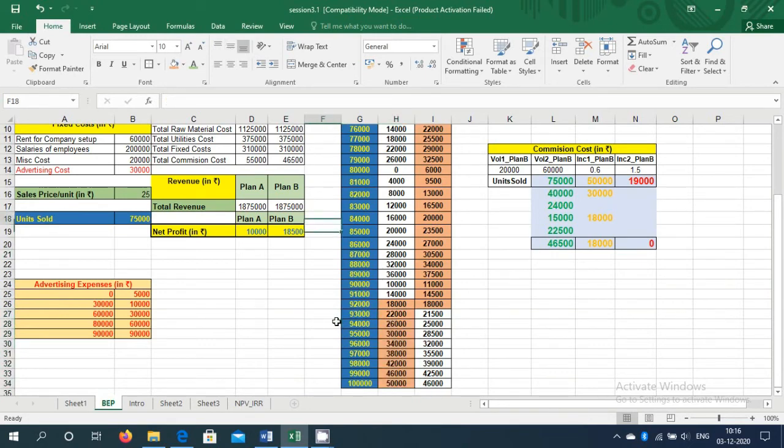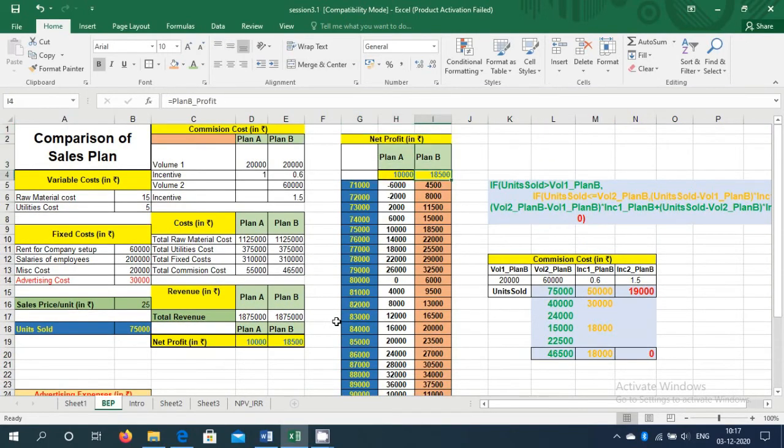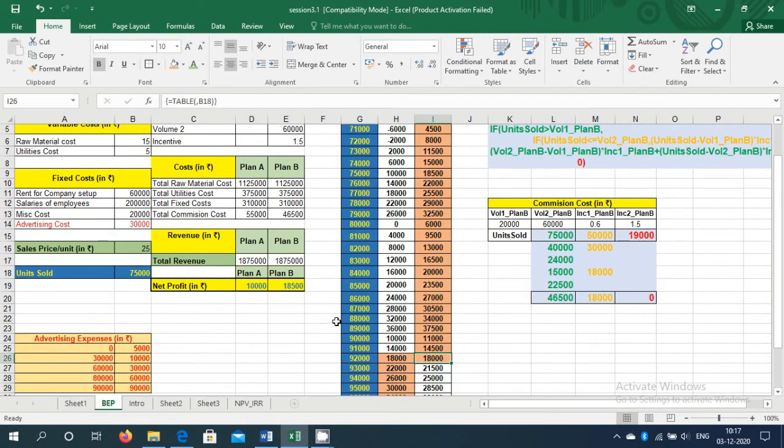So in the variable cost also, meaning that after the break even point, till that point of time plan B is better, whatever is less than 92,000 units, plan B is better.